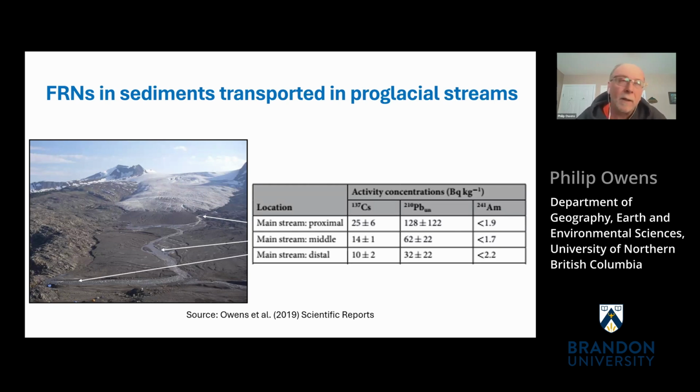The further you go away from the glacier, other sources of sediment like eroding channel banks and some of the hill slope material, the talus, contribute moderately clean sediment to the river channel, so that signal from the glacier dilutes the further we go. But we're definitely picking up a signal, certainly in that proximal sediment sample collected near the glacial snout.